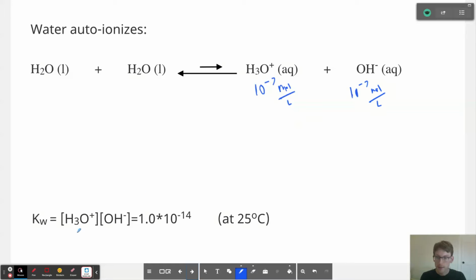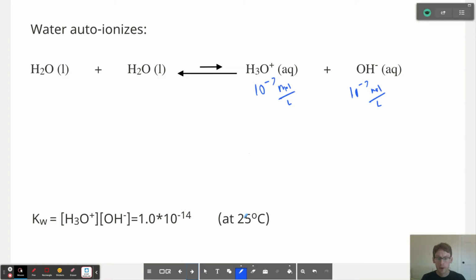What this means is that our Kw, called the water constant, is an equilibrium constant. It is equal to the concentration of H3O+ times OH-, and again, at 25 degrees Celsius, that is 1.0 times 10^-14. These two values multiplied together give you the Kw.